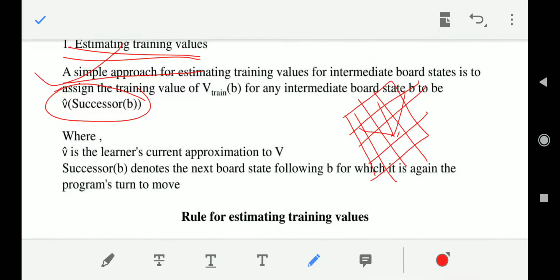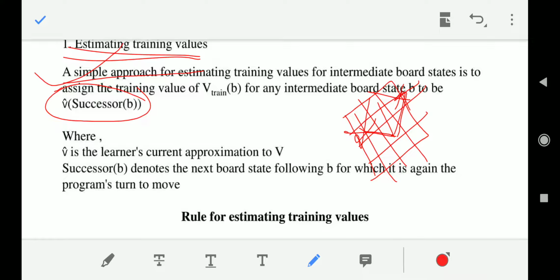If I move like this, what will be the opponent's move? If I move like this, what will be my opponent's move? And if you understand what your opponent's move will be and what your next move will be, that is the successor move. If you take that as a training value, then the chance of winning the game increases.